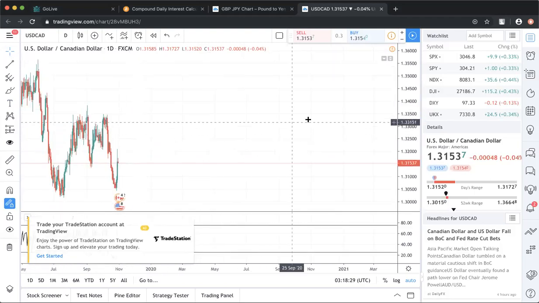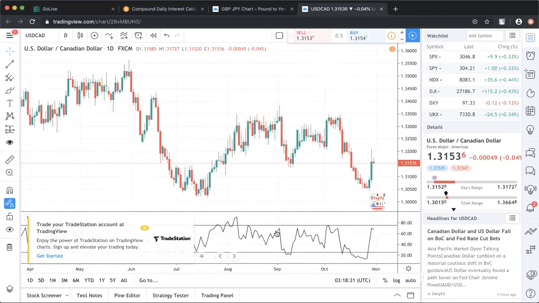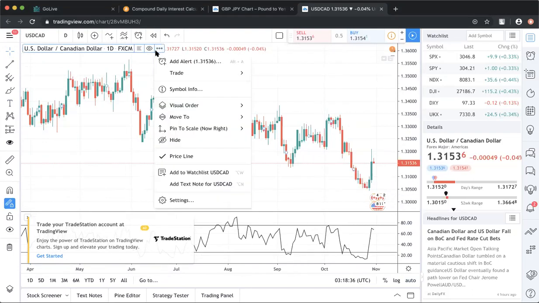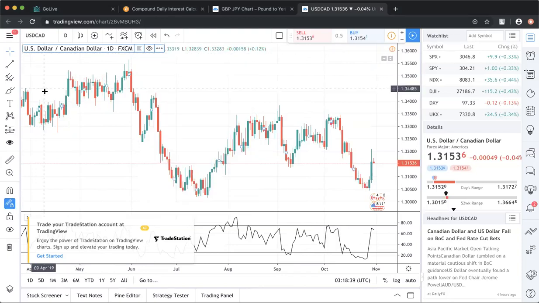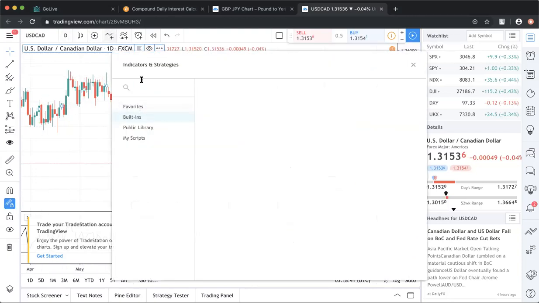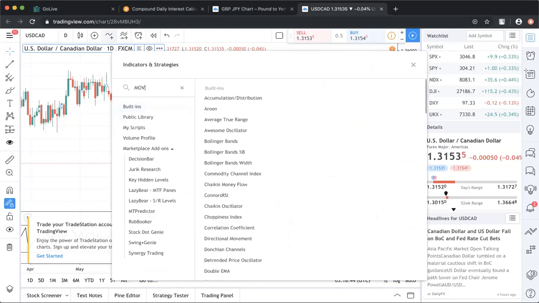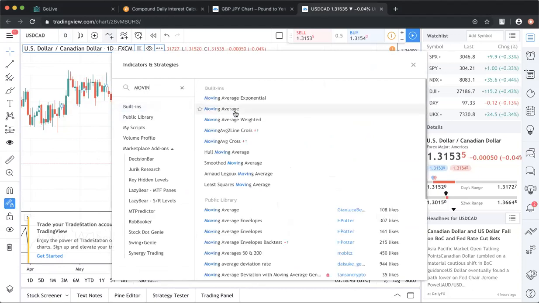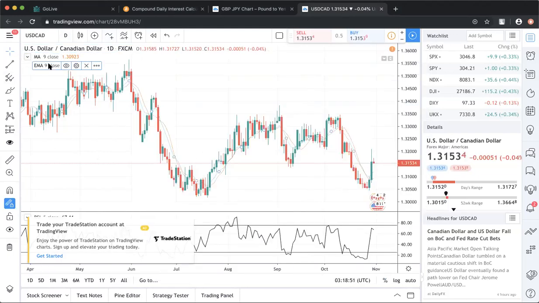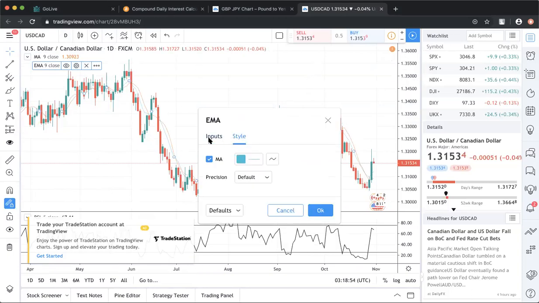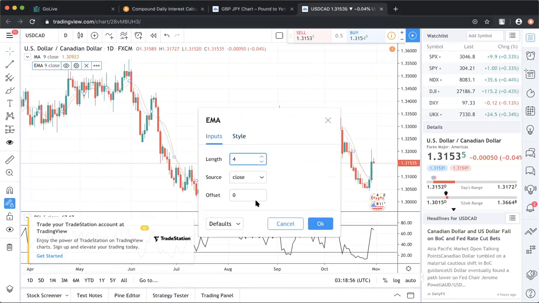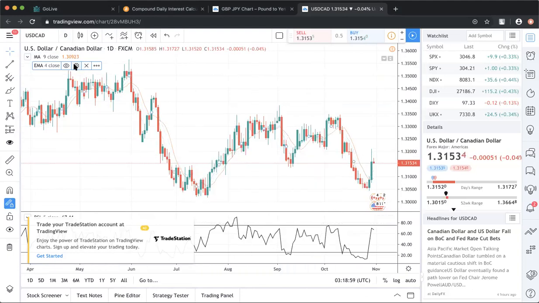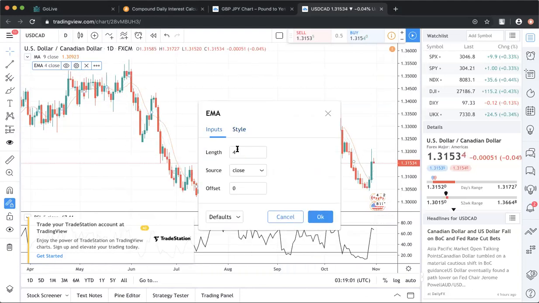So let me erase this. Were you on yesterday's training? The 4 hour and the 50, that's what I was thinking about. So, simple strategy. That's a 50 EMA, right?